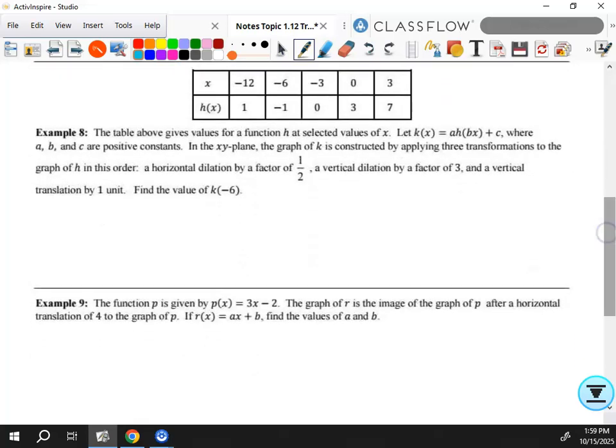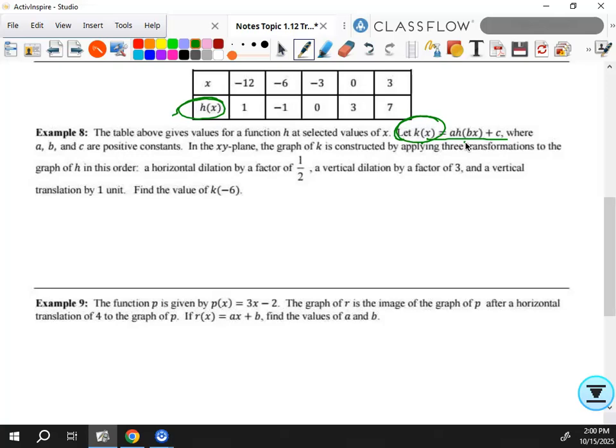Let's look at example 8. So the table above, h of x, this is k of x, right? It's showing me that k is a transformation of h, and a, b, and c are positive constants. In the xy plane, anytime it says that, don't let that get you all messed up. That just means the place where you've been graphing everything, nothing new and different.